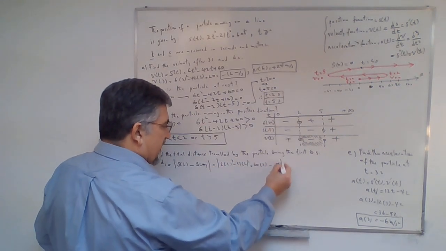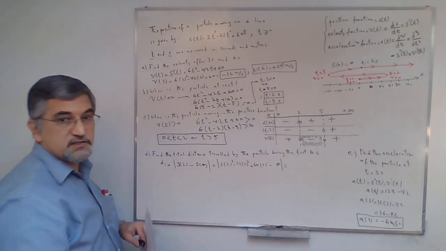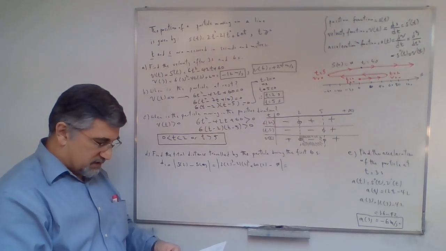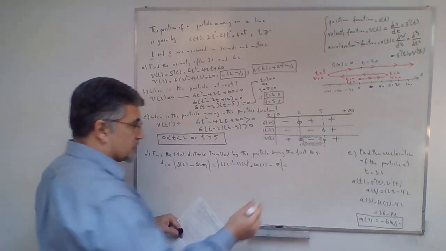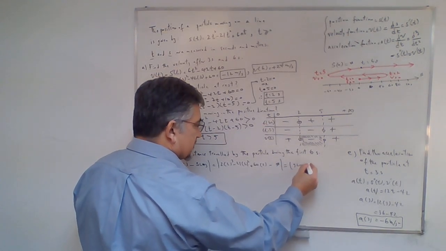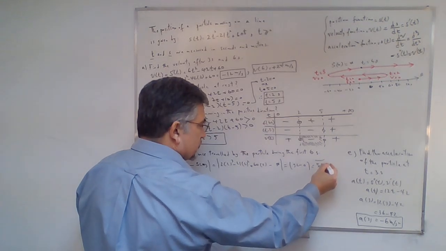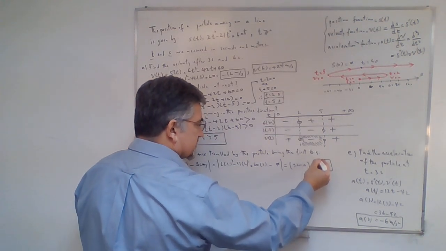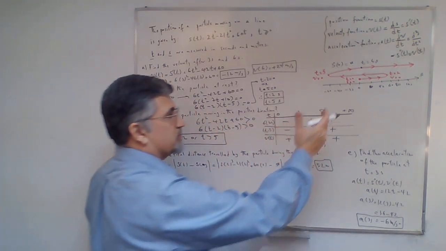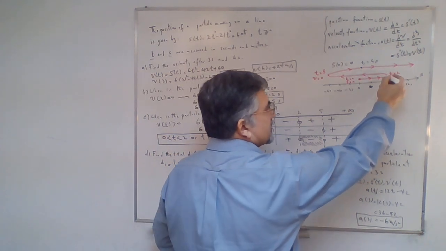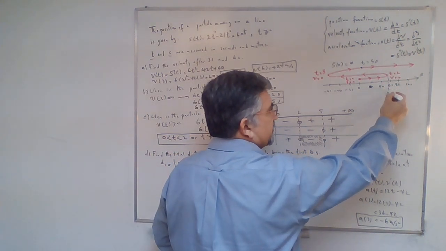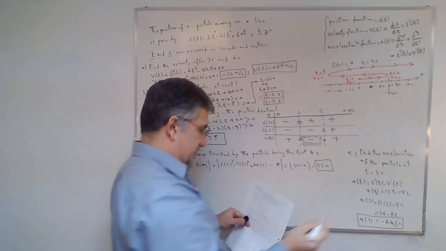And then I'm going to take the absolute value of this, just in case the answer is negative, because we don't want to say distance is negative, of course. So we end up with 52 minus 0, which is 52 meters. So that is the distance traveled from 0 to 2 seconds.